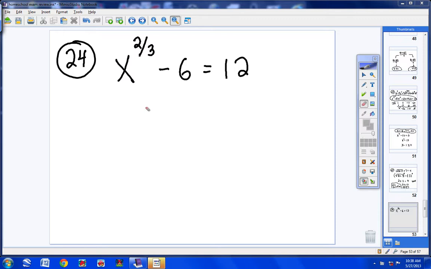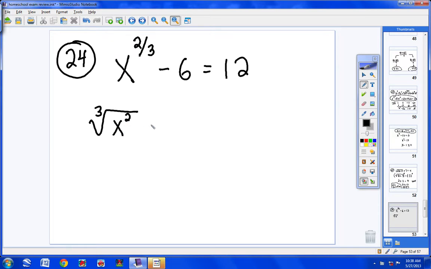The first thing you want to do is rewrite x to the 2/3 like this. A fractional exponent can be rewritten this way: the bottom of the fraction is your index, and the top of your fraction is the power of the radicand on the inside. Now we just have a radical equation to solve.